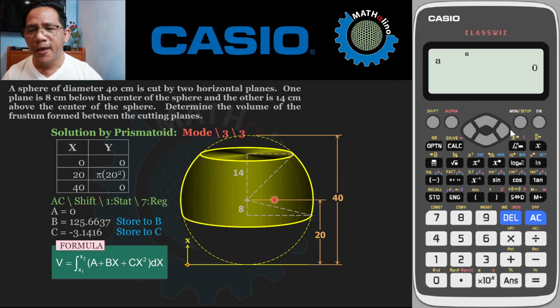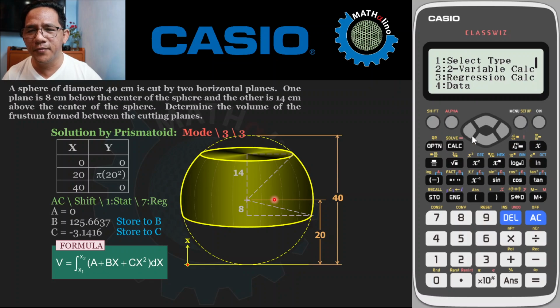Then option again, downward arrow, regression, number 2. Okay, we have this value, 125 in terms of pi. There's no value in terms of pi, 125.663. Store to B. Okay, it's already in memory address B.